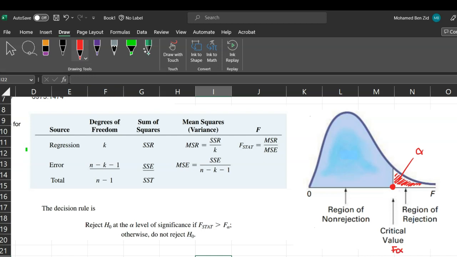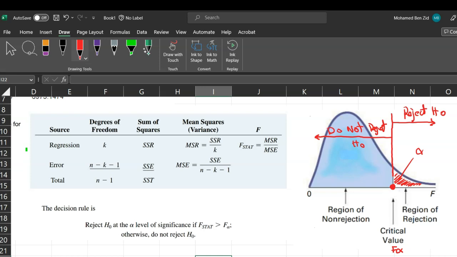Now, this critical value divides the chart in two parts. The side with the alpha area is the rejection zone, where we reject H0. The other side is where we do not reject H0. We don't really know the value of the critical value.